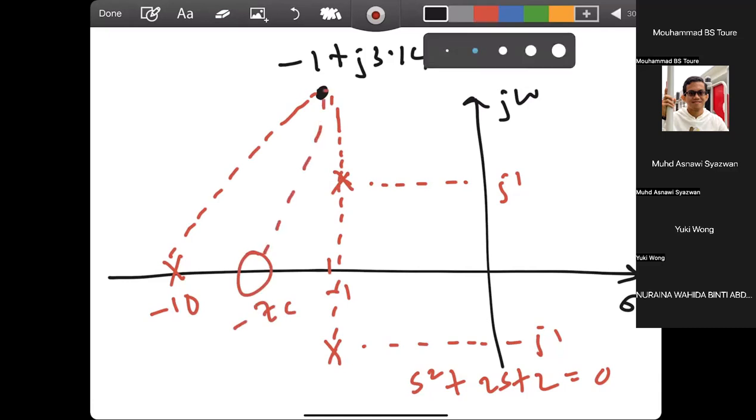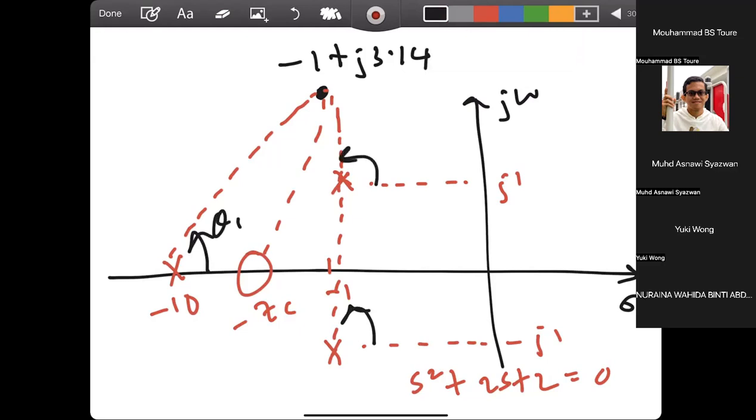Then, after that, find the value of the zero. Find the angle using the angle criteria. This is theta z, correct?